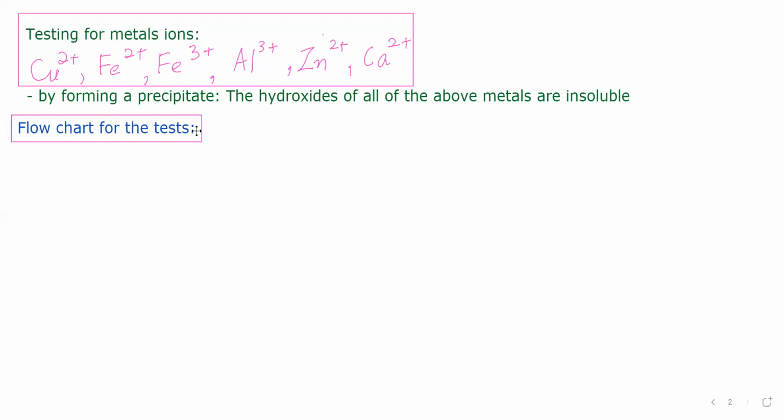We take a sample, the sample that they have given us for testing, plus we add dilute sodium hydroxide, a few drops. Not much, keeping in mind that later we will be using excess. So, sample plus dilute sodium hydroxide.